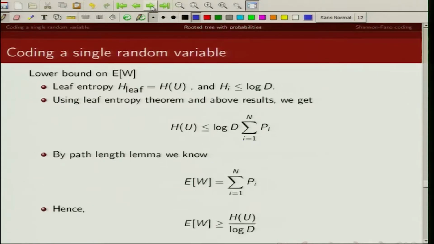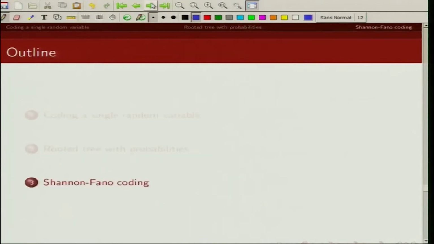What I get is a lower bound on average code word length: the average code word length should be at least equal to the uncertainty U divided by log of D. Okay. So using this leaf entropy theorem, we have arrived at a lower bound on average code word length for this block 2 variable length coding scheme.